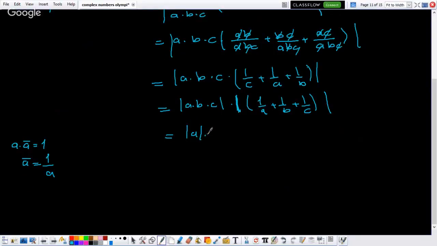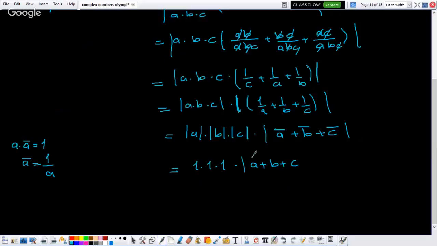All the terms means B and C also. So A modulus times B modulus times C modulus times the conjugate of A plus B plus C. This is equal to 1 times 1 times 1 times the conjugate of A plus B plus C. If you remember, I said, but I didn't say this one in this video, we know that the modulus of z and z conjugate are equal to each other.